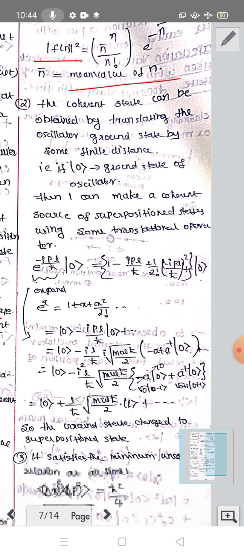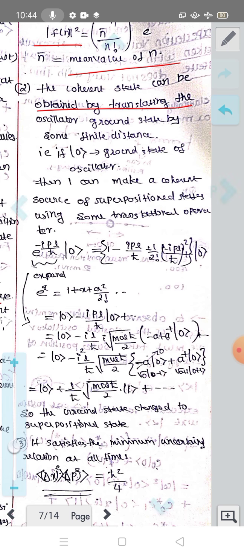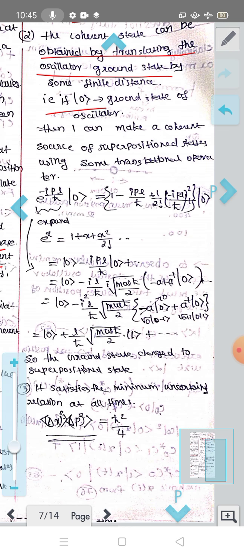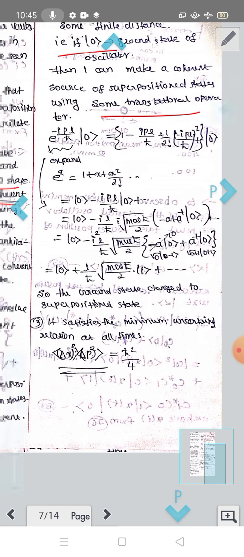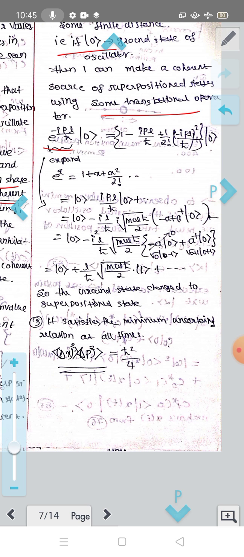And the second property is that the coherent state can be obtained by translating the oscillator ground state by some finite distance. If ket 0 is the ground state of the oscillator, then I can make a coherent state, a superposition state, using a translation operator. That is e raised to i p l by h cut ket 0 equal to 1 minus i p l by h cut plus 1 by 2 factorial minus i p l by h cut whole square ket 0.